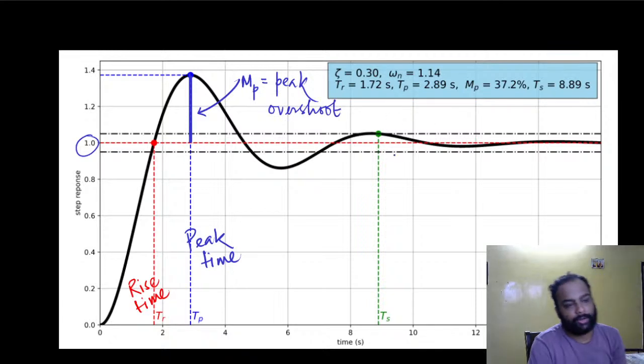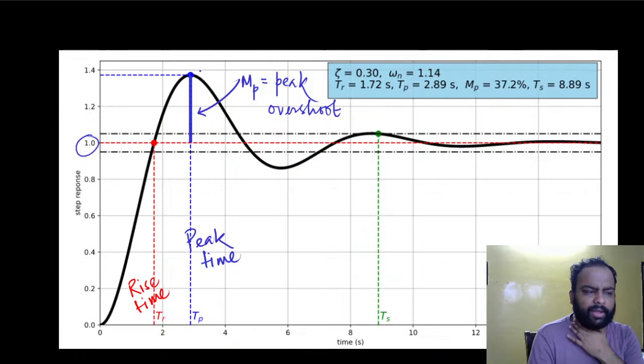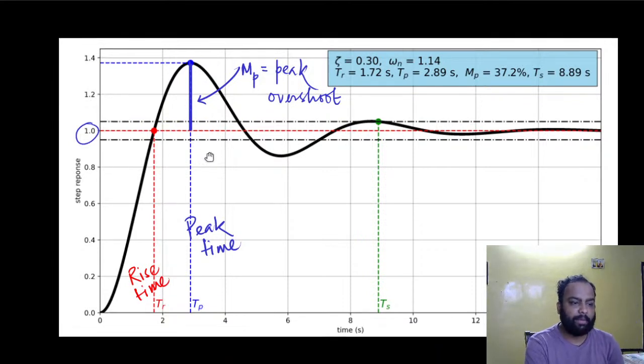Again, I wrote the program to calculate everything as I go. For example, here the peak overshoot is 37%. So it goes 37% higher than the final value of the response, so this is going to be like 1.37, something like that. So this length is known as the peak overshoot.